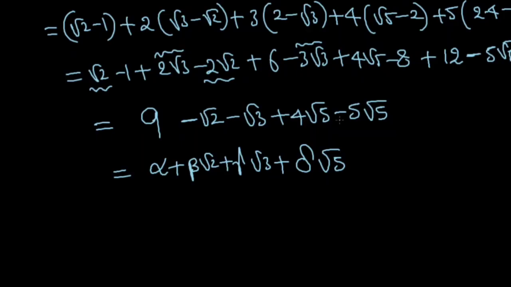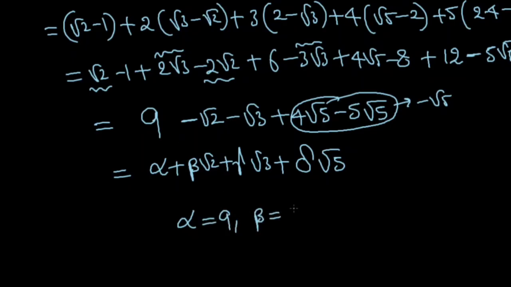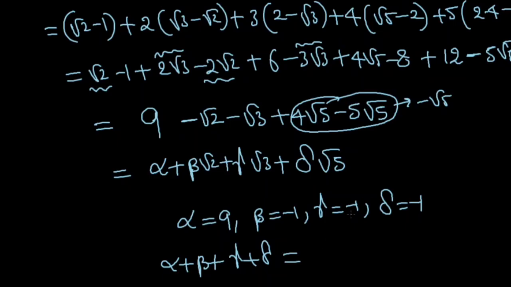Here 4 root 5 minus 5 root 5 is minus root 5. Comparing, alpha equals 9, beta equals minus 1, gamma equals minus 1, delta equals minus 1. If I sum alpha plus beta plus gamma plus delta, 9 minus 3 is 6. 6 is the right answer.